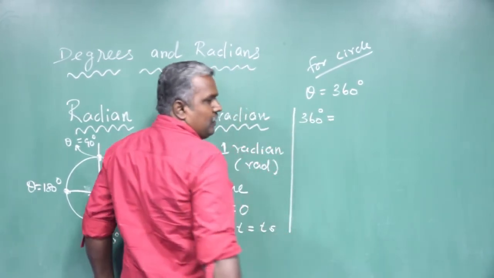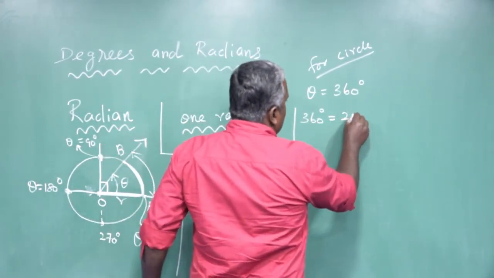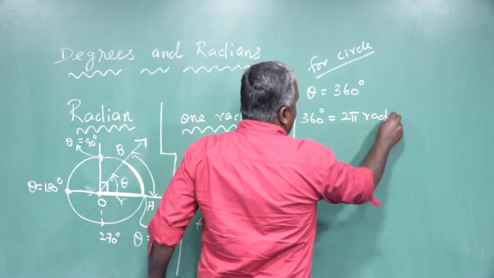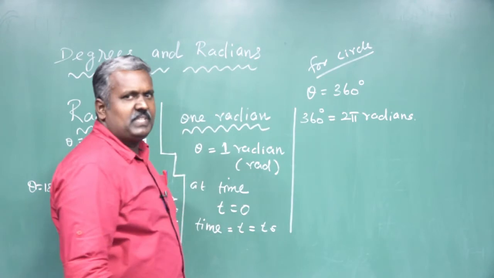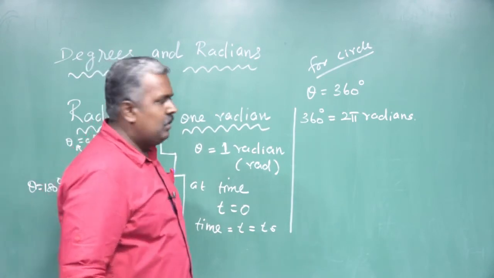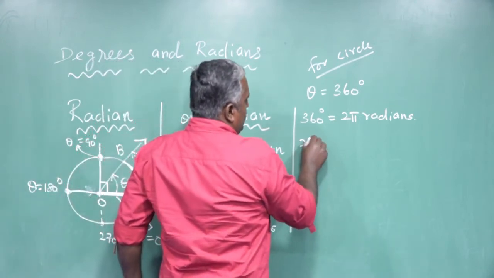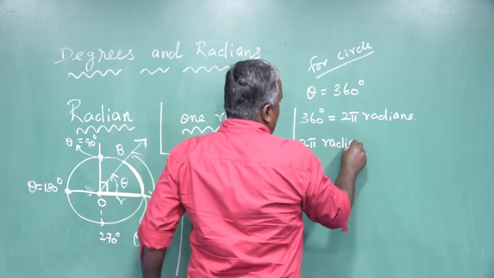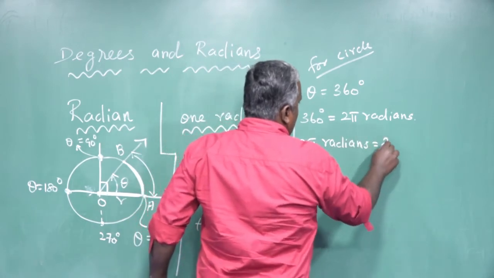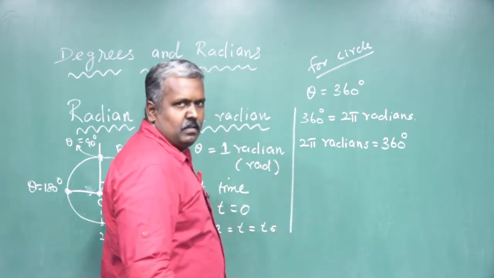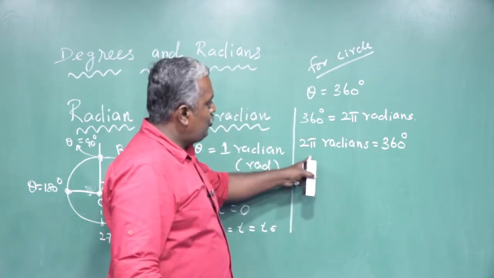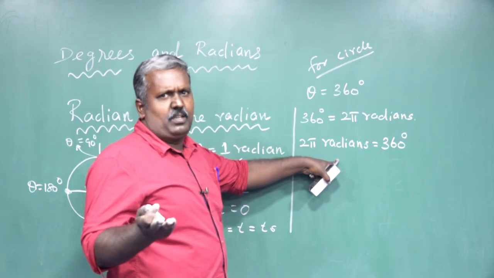So, 360 degree is equal to 2 pi radians. Then 2 pi radians is equal to 360 degree. Okay. 2 pi into 1 radian is equal to 2 pi radian, that's all.